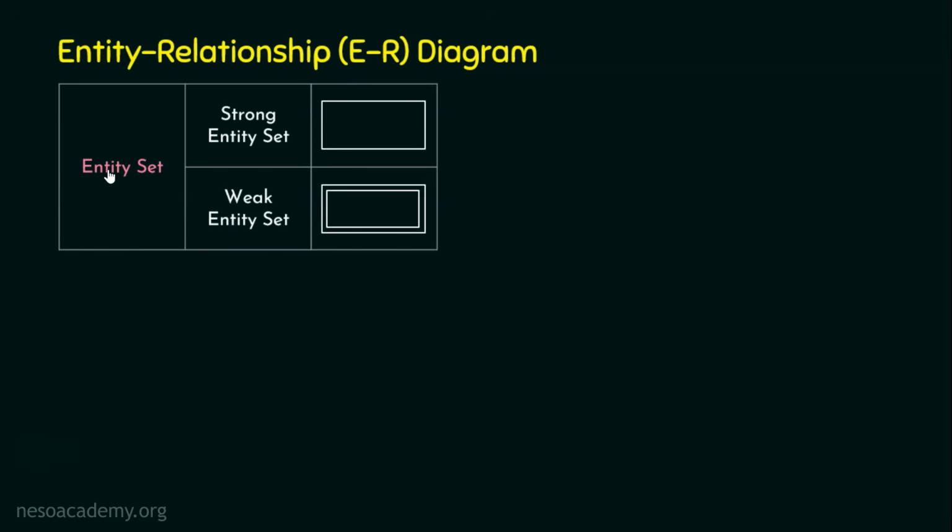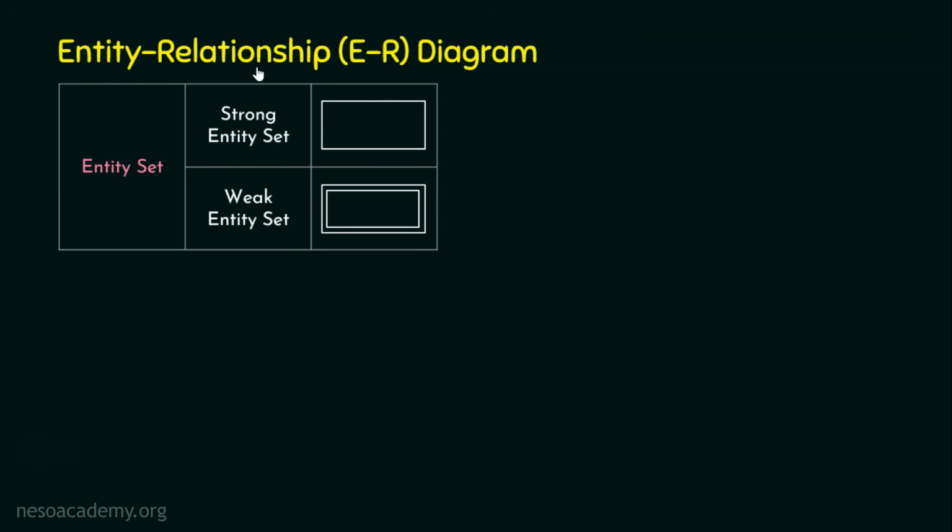Talking about entities, we have 2 types of entity sets, the strong entity set and the weak entity set, where a strong entity set is represented with a rectangle, and a weak entity set is represented with a double rectangle or an outlined rectangle or divided rectangle. Remember, an undivided rectangle we call a strong entity. When we have a divided rectangle or double rectangle or outlined rectangle, then it is a weak entity set.